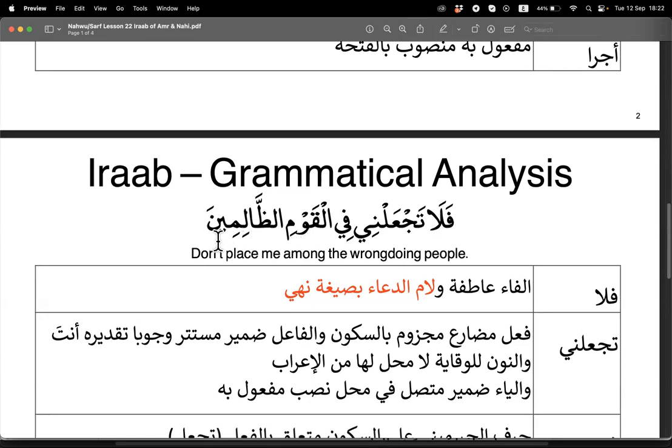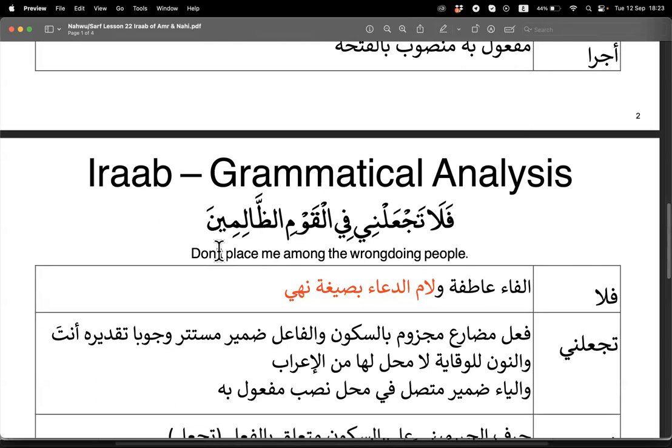Qawmi. It is majrur bil what? Majrur. Zalimina, majrur bil ya. Is it your default sign? No. So we say niabatan an. Majrur, what do you expect?